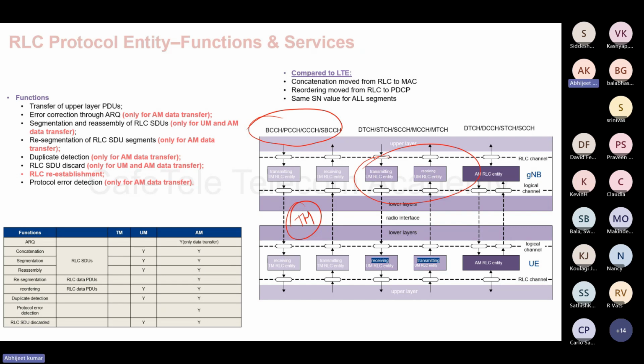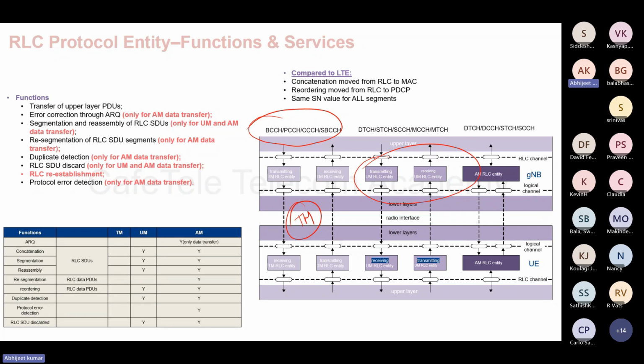Unacknowledged mode provides a lightweight protocol function because it includes the sequence number for in-order delivery and manages segmentation and reassembly. But unacknowledged mode does not offer any retransmission if any of your packets are lost or corrupted.